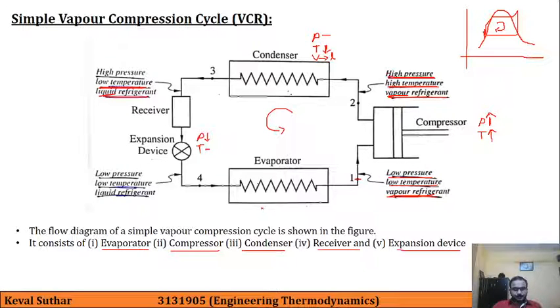So pressure is the same and temperature is also low, and we have a phase change from liquid to vapor. Okay. Now what is it that we are ultimately doing here? I have only explained what is going on in the cycle, but for what purpose it is going on, let's see.